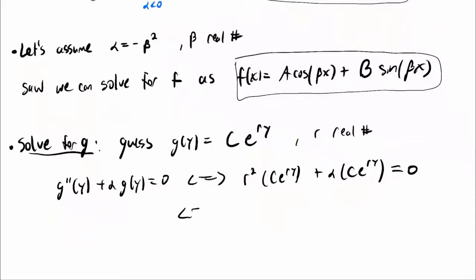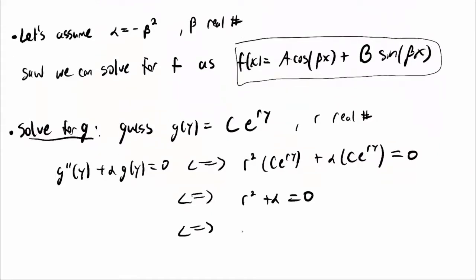Since exponentials are always non-zero, I can cancel out these exponential terms, and I get r squared plus alpha has to equal 0. This requires that r squared is minus alpha, but minus alpha is beta squared. And so this is consistent, because beta squared is positive and r squared is positive, so I can always solve this.